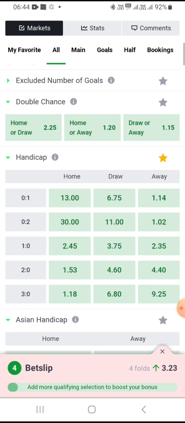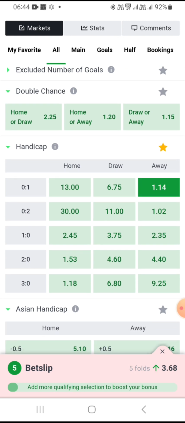So if you give Tottenham 1, you are saying that since Tottenham is stronger, if you give them 1, they will win this game. At most they will draw, and if they draw, Tottenham is still winning. If you give Tottenham 2, it's sure that Tottenham will win, and 2 is very big, but look at it, the odds are too small, so you cannot play it.